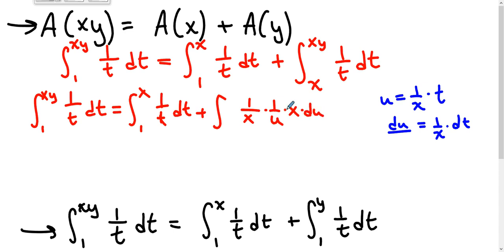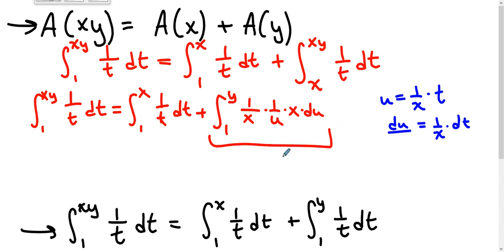Well, this is looking very promising. Then we do a complete change of variable. These are t limits. We want to get rid of everything that smells like t and replace it with something that smells like u. If t is x, then u is 1. And if t is xy, then u is y. Oh, that's looking very nice.